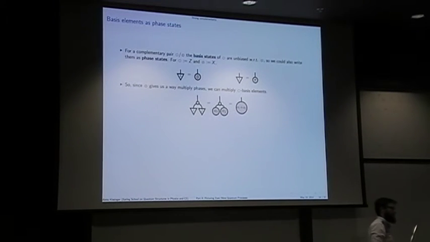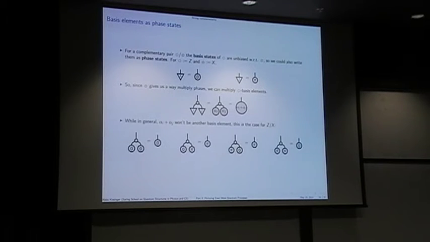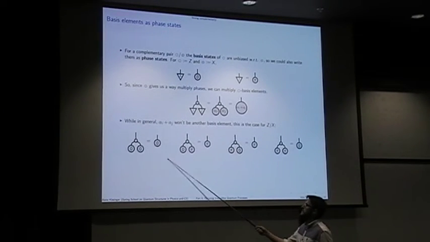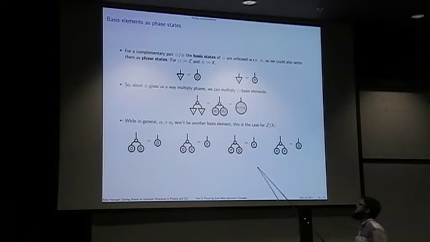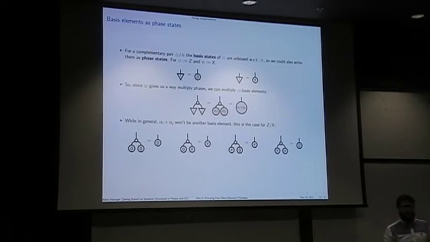And that's one of the reasons that arbitrary bases are so hard to classify, because they don't have these kinds of nice structures. But in the example I gave you, this is the case. If I take 0 plus 0, I get 0, 0 pi is pi, pi 0 is pi, and pi pi is 0. So I always get another basis state back. So this is a very special kind of complementary pair of observables.